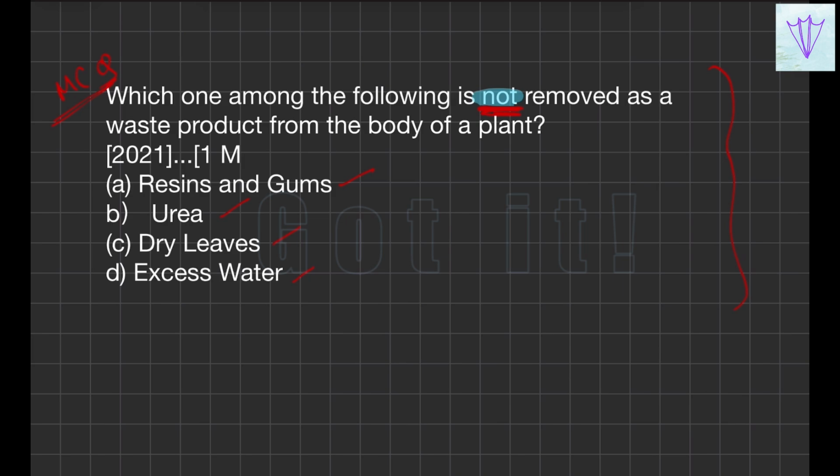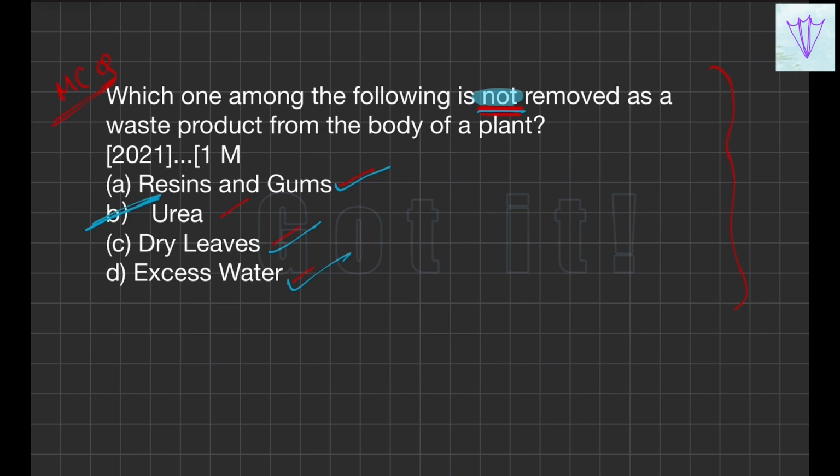So we can see that dry leaves is correct, excess water is also correct, resins and gums is also correct. So what is not removed by the plant is obviously option B, which is urea, because urea is a nitrogenous waste product which is not removed from the plant body.